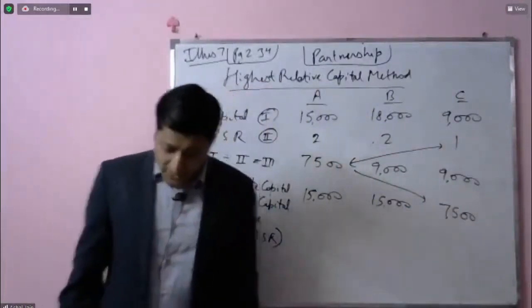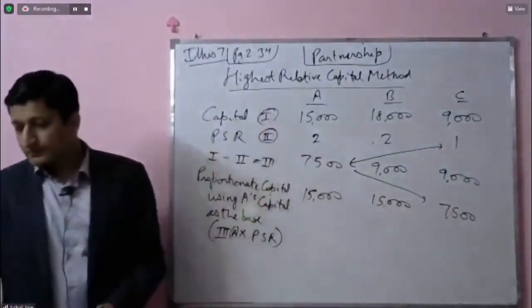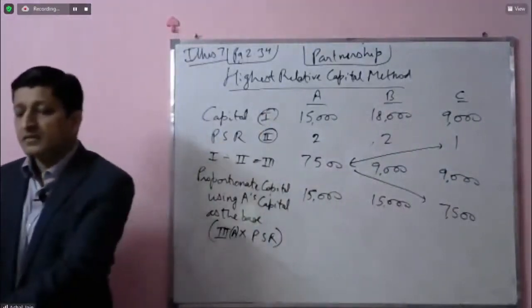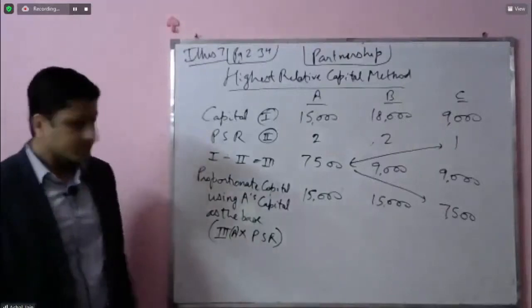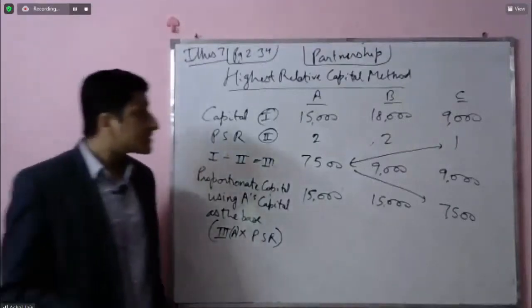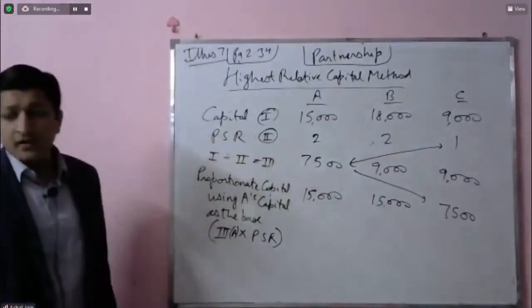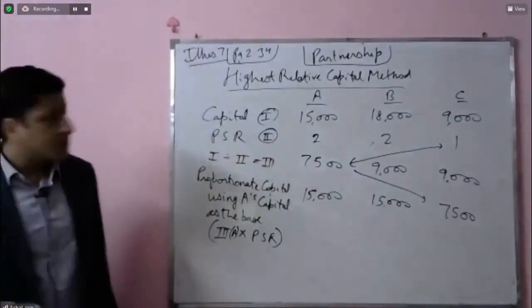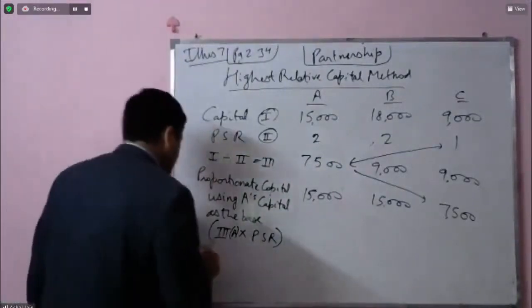But what is the actual capital of the partners? This one. What is the actual capital of the partner? This one. So that means either the partners have got excess capital or the partners have got short capital. So let's look at it.